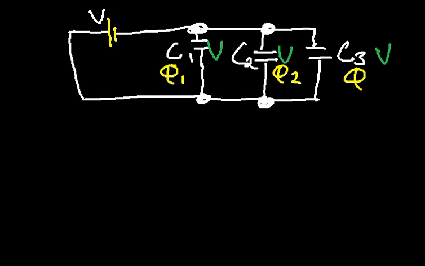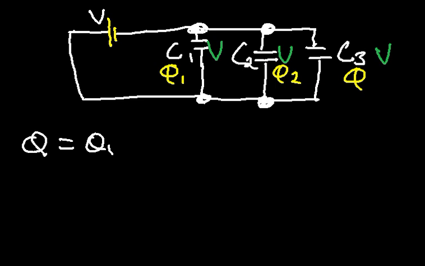In this case, you should understand that the charges are only being shared, but the voltage remains the same, as I have already said. So what is the total charge being stored by the capacitors? It will vary.